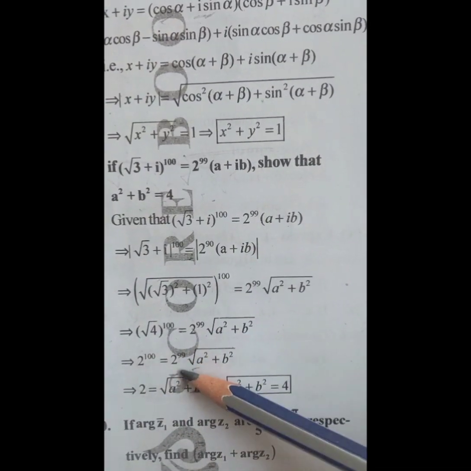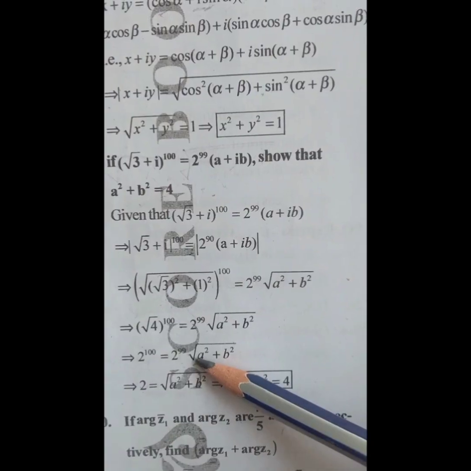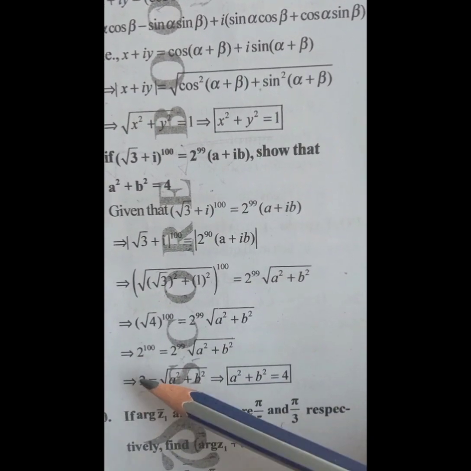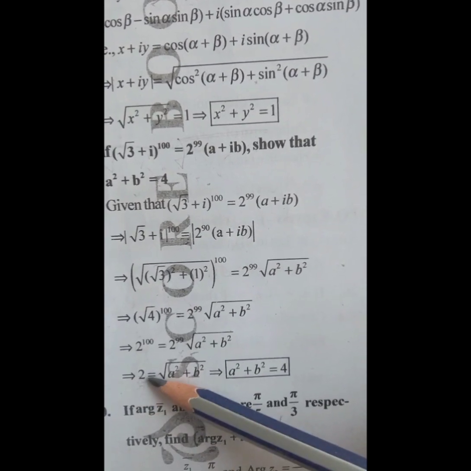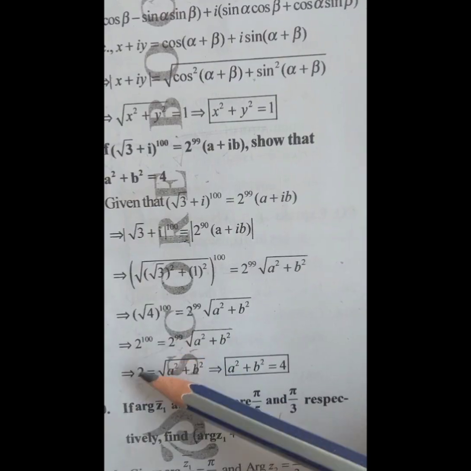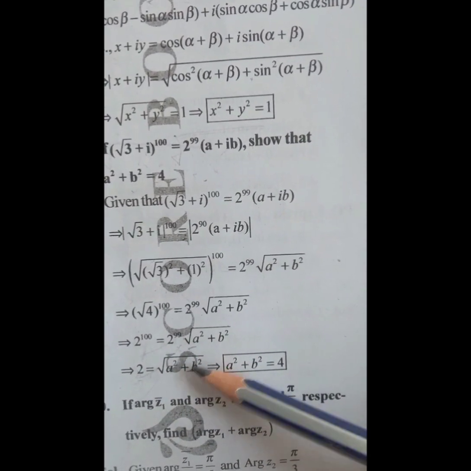2 power 100 equals 2 power 99 times the modulus. The multiplication moves to the left-hand side and converts to division, and 2 power 100 by 2 power 99 cancels 99 times, then 1 remains, equals the square root of a square plus b square.